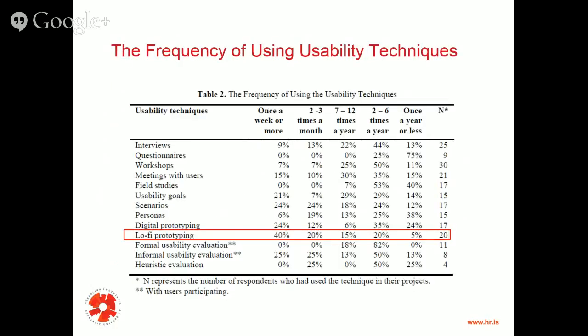So what about the frequency? How often do you use these methods? They actually used lo-fi prototyping quite actively. So many, 60% use it once a week or 2 or 3 times a month. So at least 2 times a month.